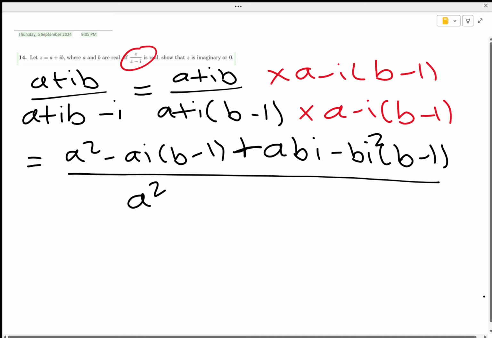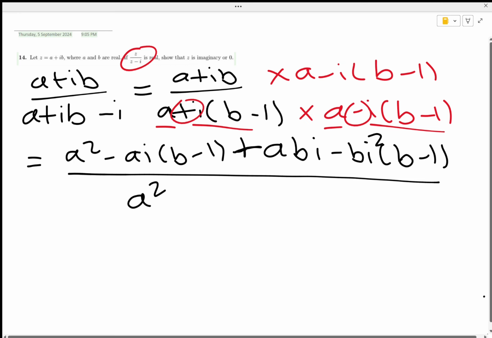So for the denominator you don't have to worry about what this times this is, as there's a plus here and a minus here.